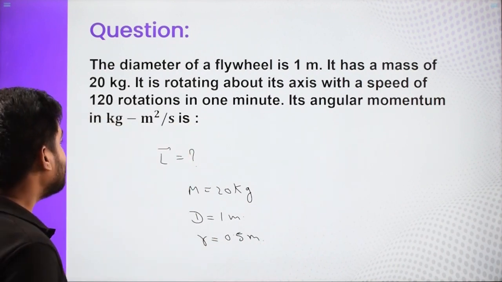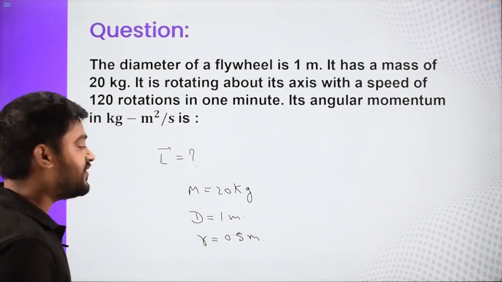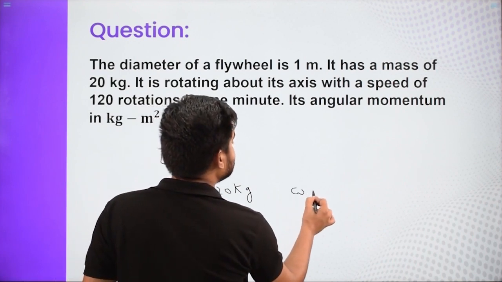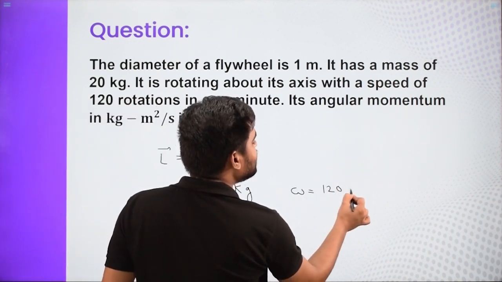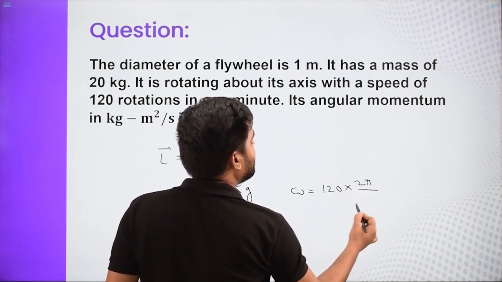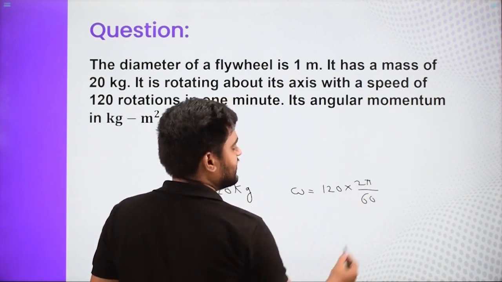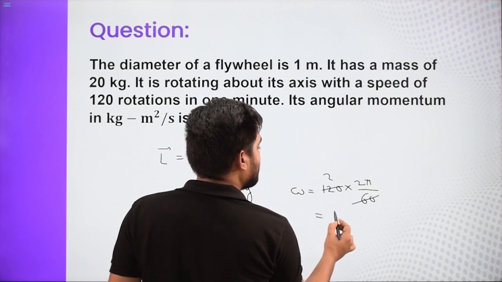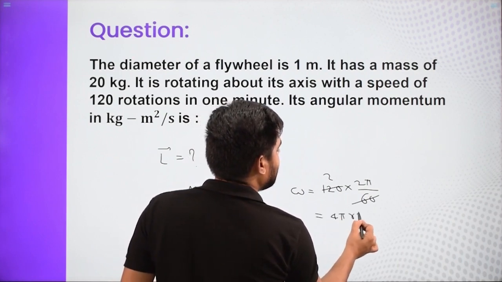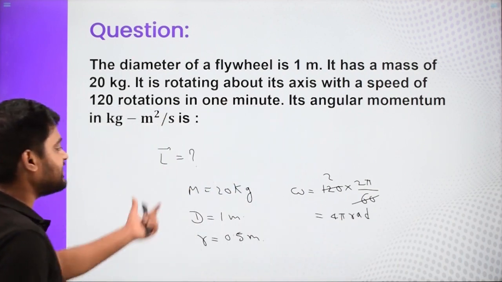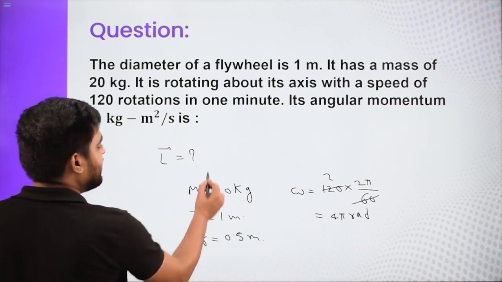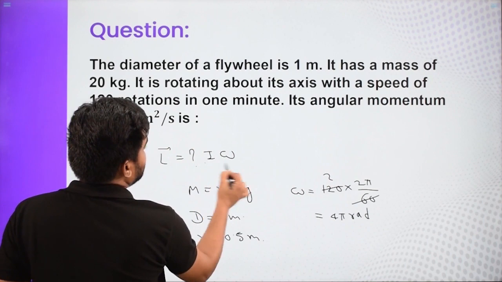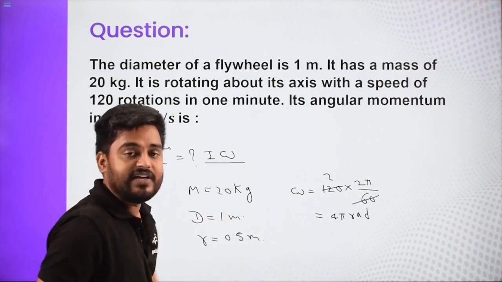Omega is also given, 120 rotations in 1 minute. Each rotation is 2 pi radian and per minute is 60 seconds, so we get 4 pi radian per second. Now they are asking for L. Which formula can we apply? L is equal to I omega. We have already found omega.